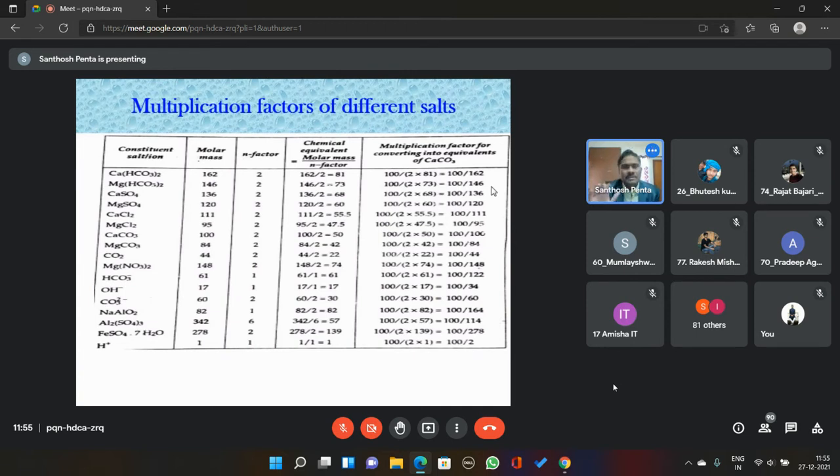Say for example, in a numerical, calcium bicarbonate was given. That means the strength of calcium bicarbonate hardness is this much, and we express the hardness of calcium bicarbonate in equivalence of calcium carbonate. Then what is the formula?